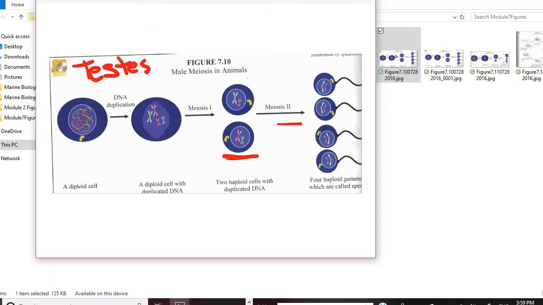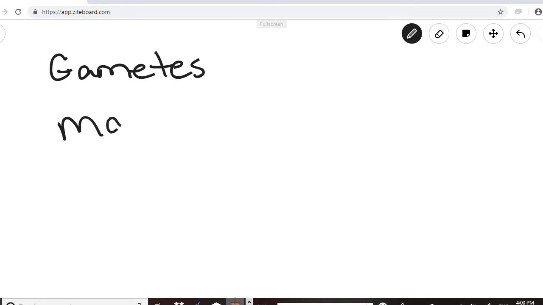And then when you go through meiosis II, you end up with 4 haploid cells in which there's no duplicate DNA. So these are called gametes, and in a male they would be called sperm. Let me go back to the whiteboard so I can write those words for you. So they're called gametes. In a male, those would be sperm.